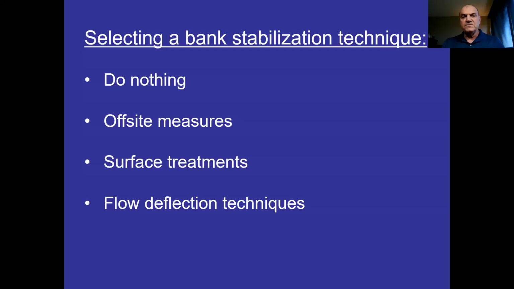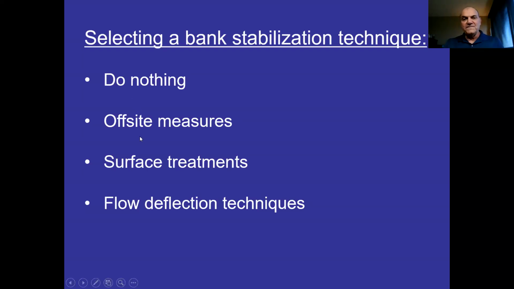The next option would be to look at off-site measures. Are there things we can do off-site to reduce the erosive pressures? If the erosion is the result of excess deposition downstream of a straightened channel, for example, is there something we can do to remedy the excess energy in the straightened channel?